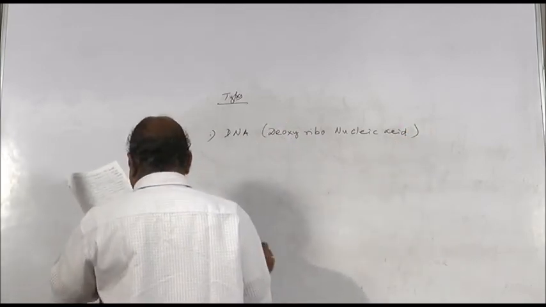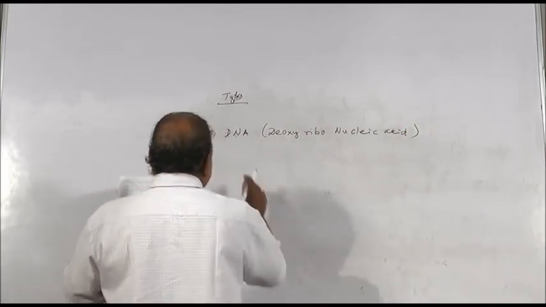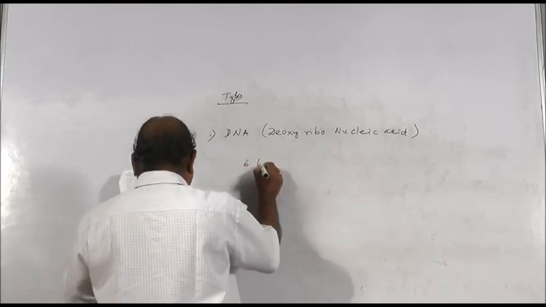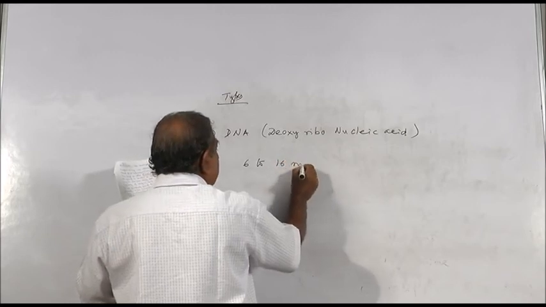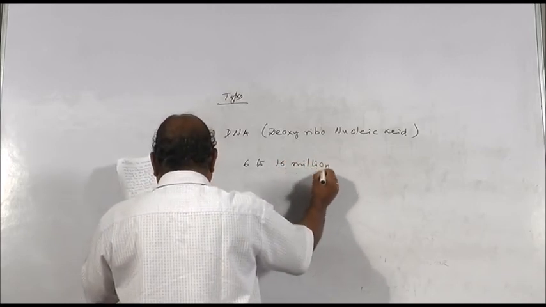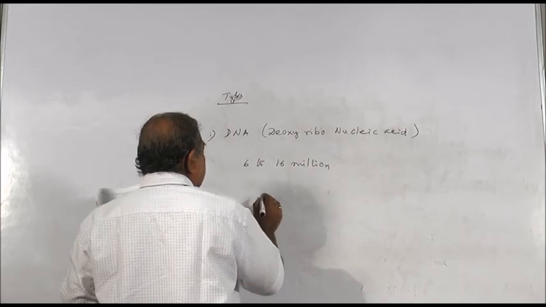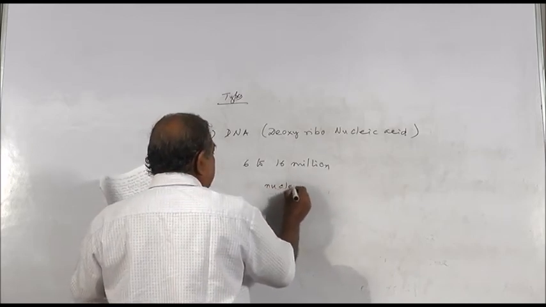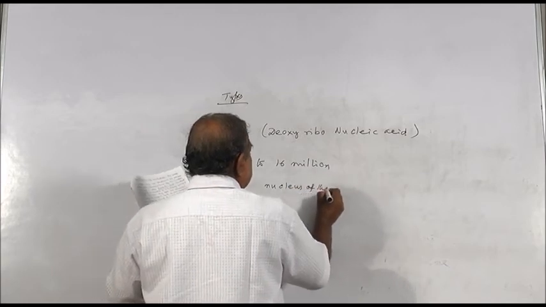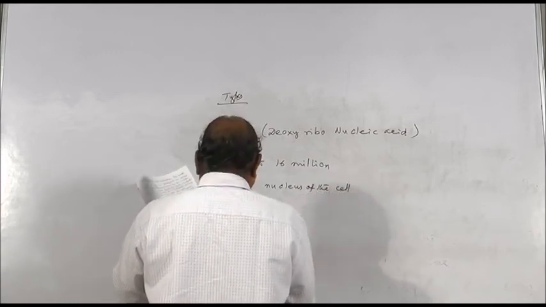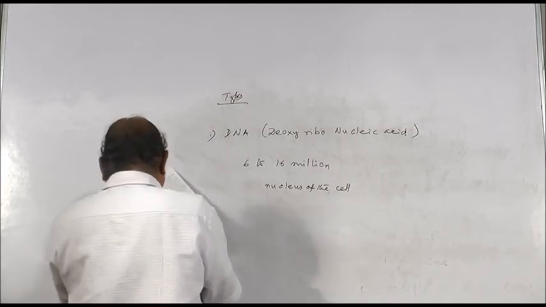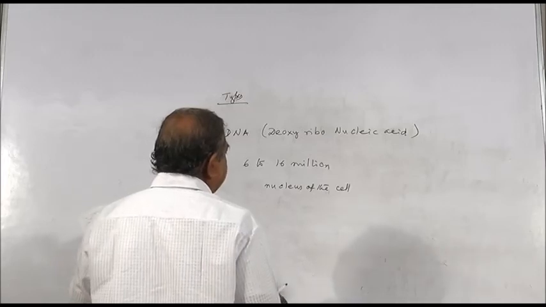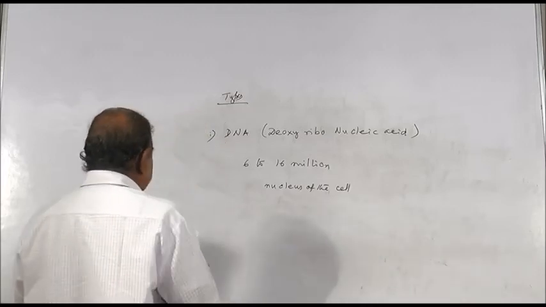This DNA has a large molecular mass, starting from 6 to 16 million, and is found primarily in the nucleus of the cell. And it is responsible for the hereditary information from parents to the offspring.